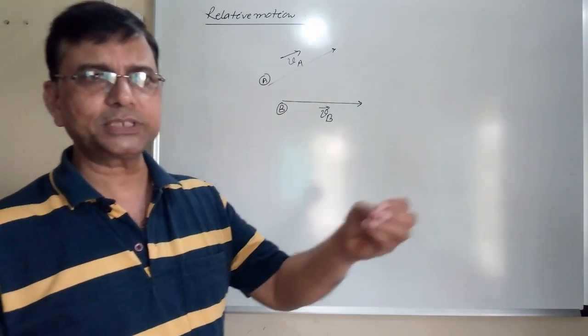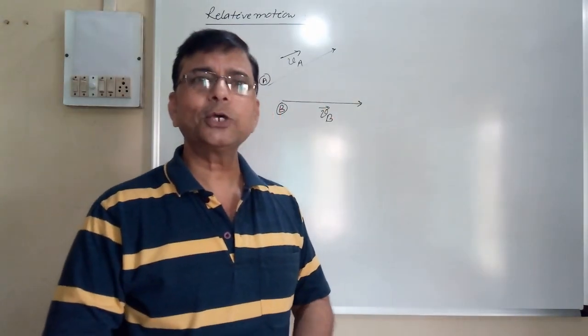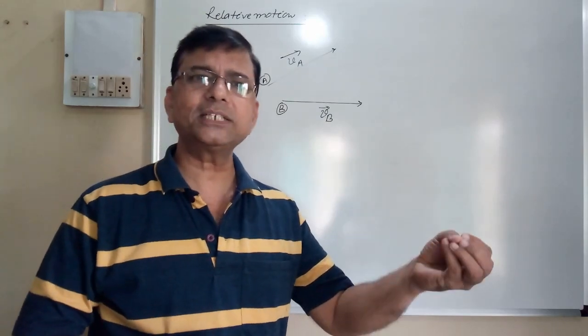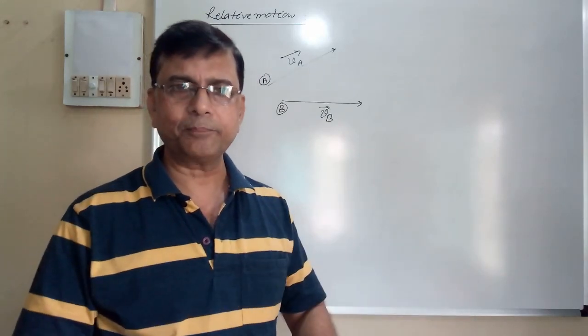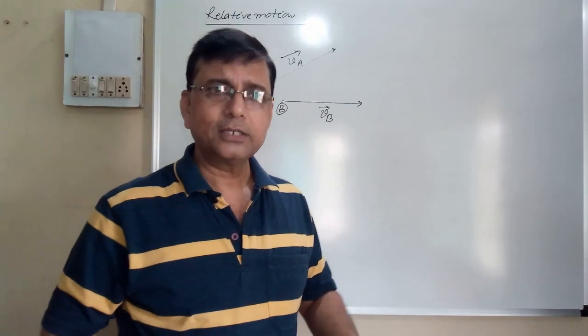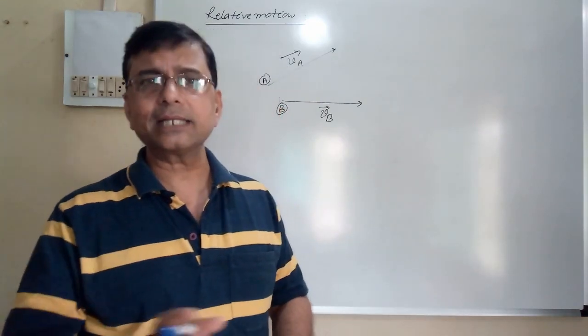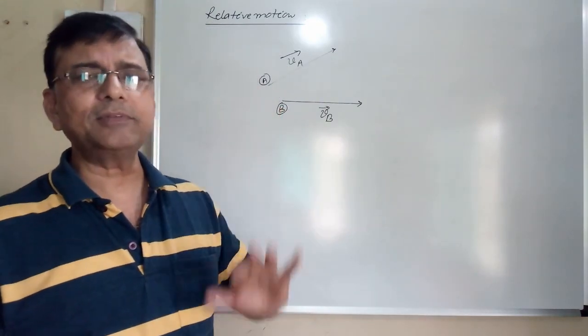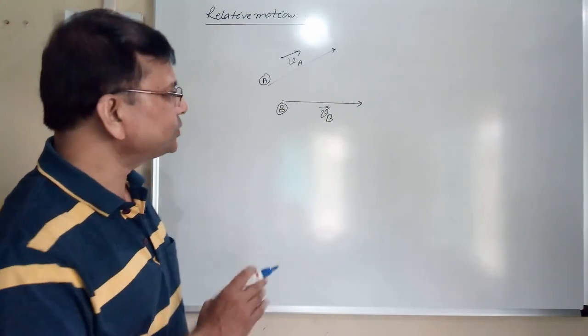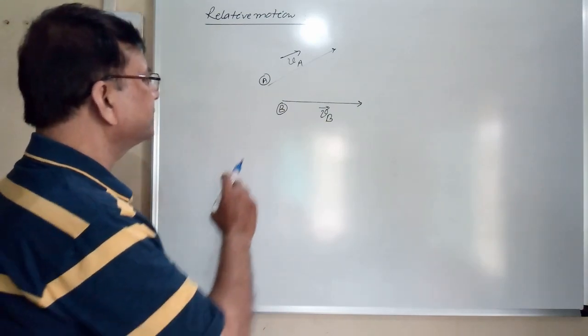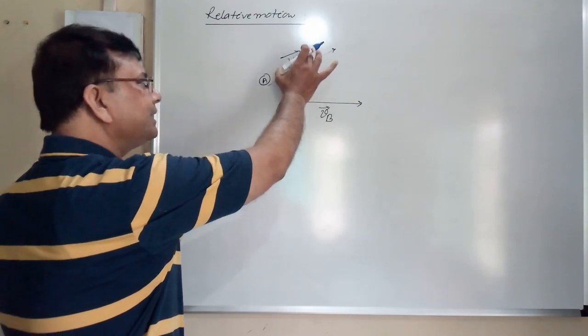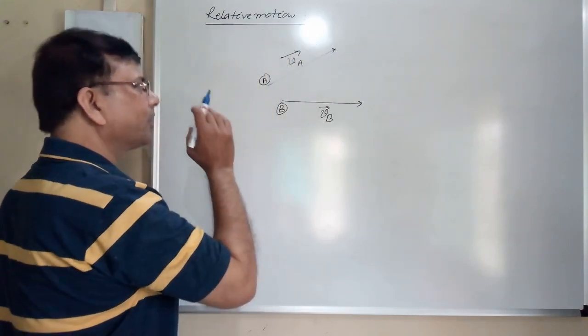Velocity of the car is, suppose, 60 kilometers per hour. It means we are talking about this velocity with respect to earth, right? Meaning ground. So in general we talk about velocities with respect to ground. That is why, when we denote velocity VA, it is with respect to ground or earth.